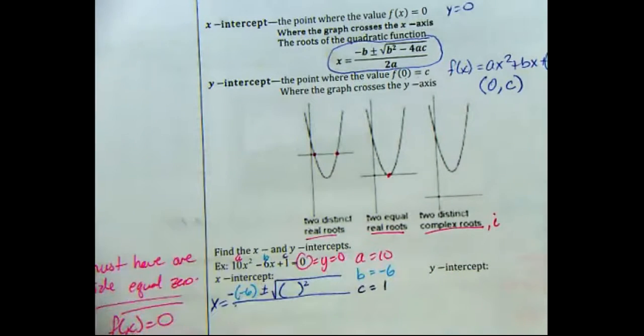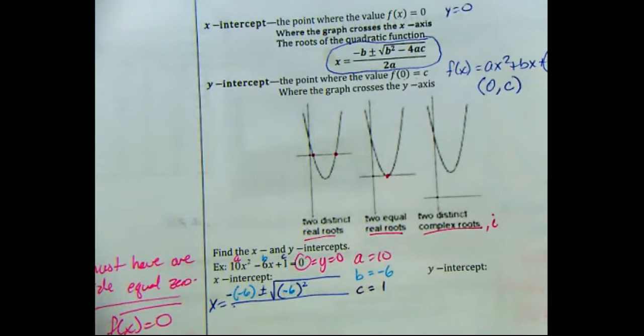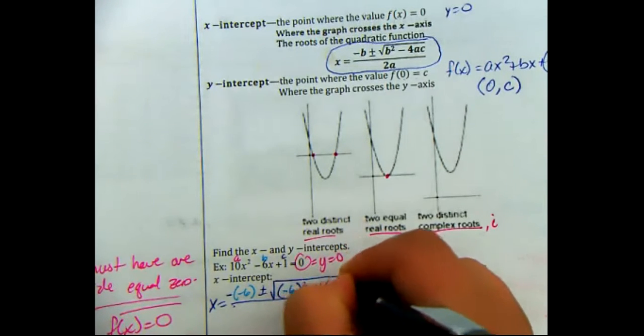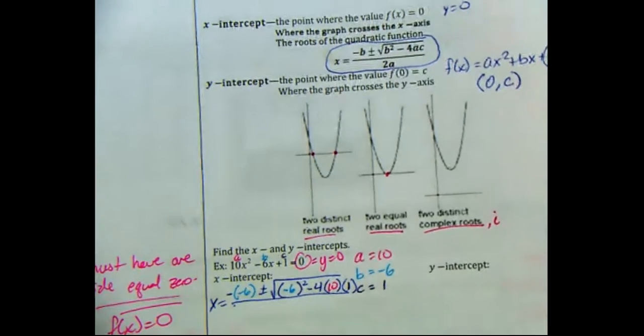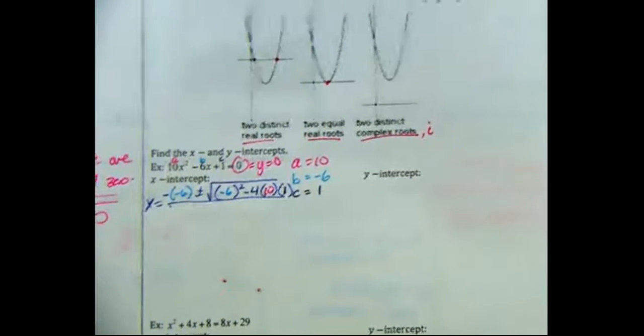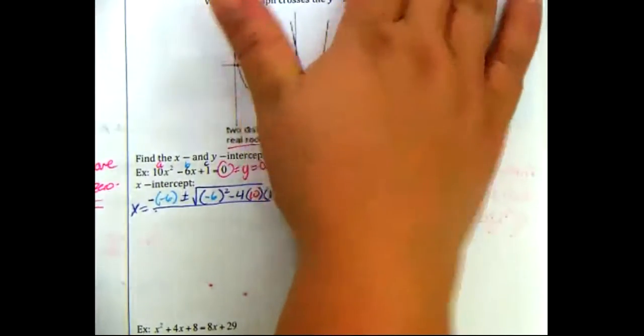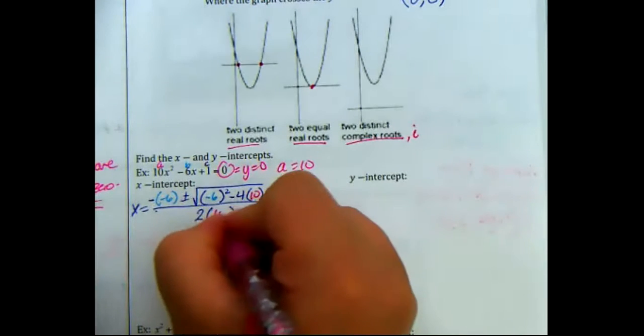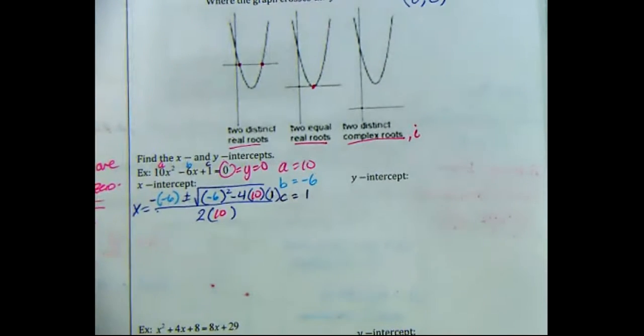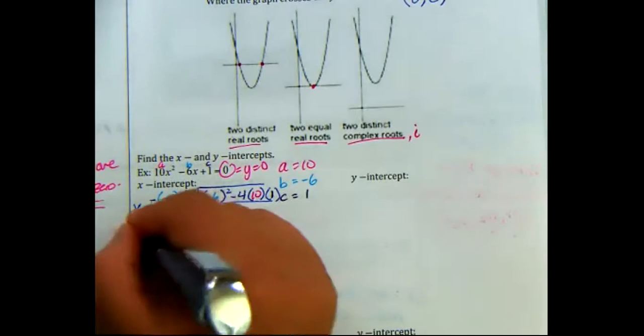So b squared here is going to be negative 6 squared, minus 4 times a times c. So my a is going to be 10, my c is 1. I was holding it low so you guys can see the formula, but it is on your paper as well. All over 2 times my a, which is 10.